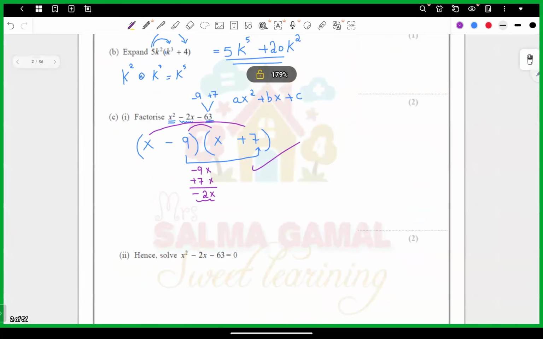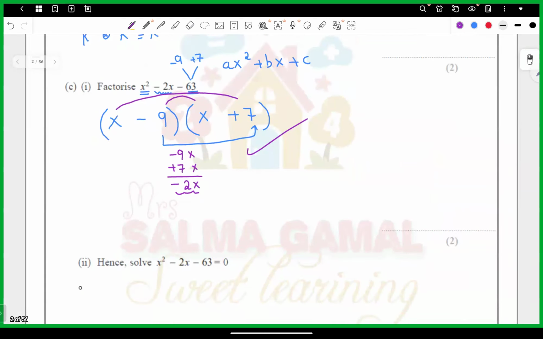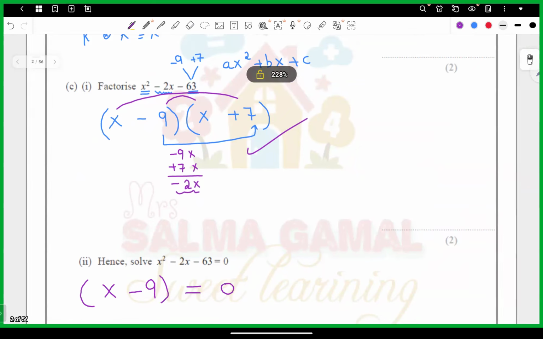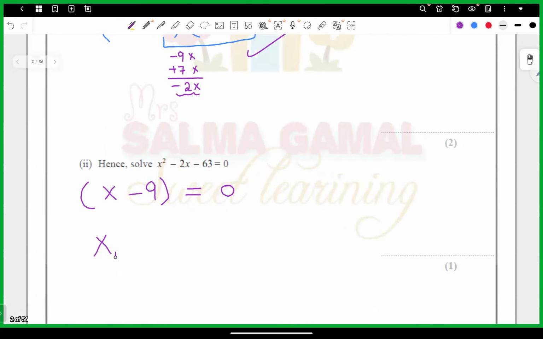Here is the same concept, but I have this equivalent to this. So you have to write x minus 9, separate them and put each one of them equal to 0 like this. So x1 equals positive 9. Flip the sign to the other side.